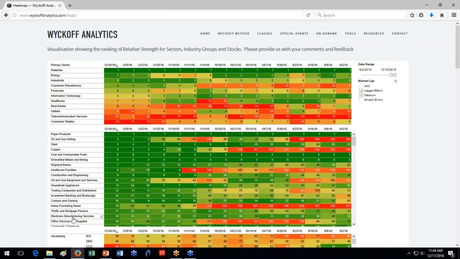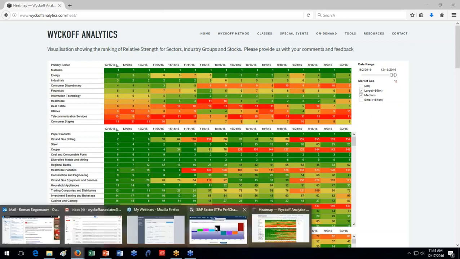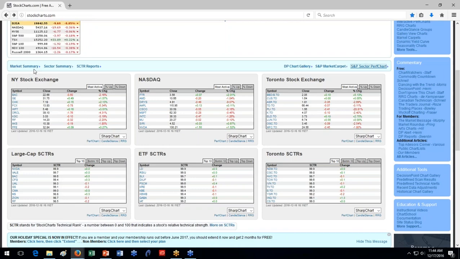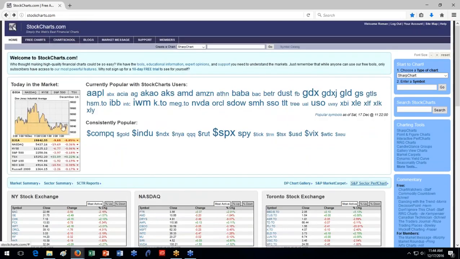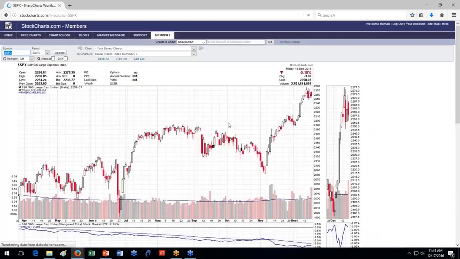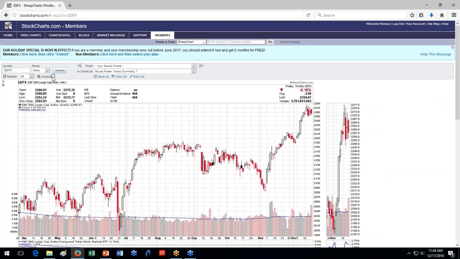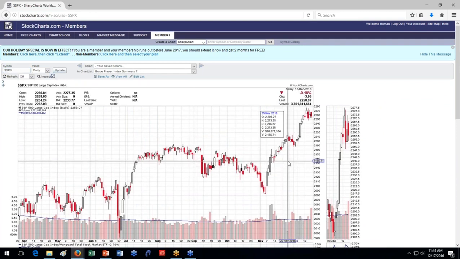So, for instance, again, let's come back to StockCharts. Let's pull up the S&P, and let's just identify the dates here. So here's this reaction. We are starting the reaction on November 25th, and then it lasts until, we might say, this day, which is the reversal date, December 5th.